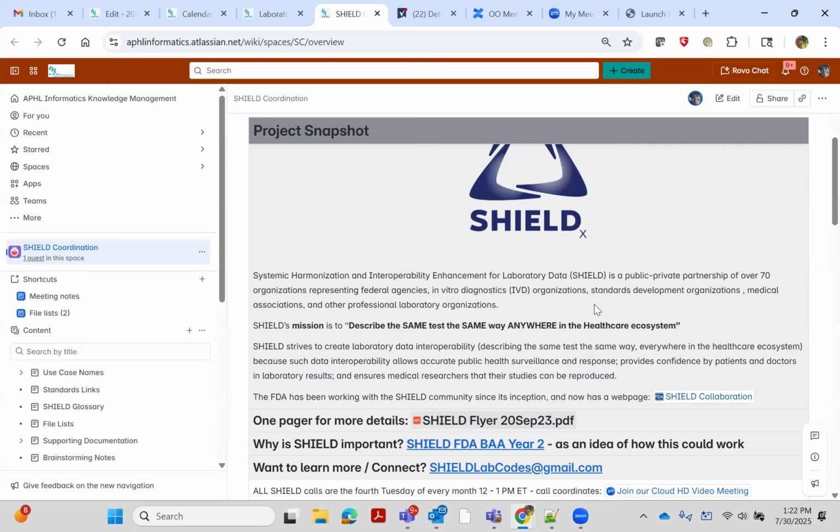And also the suggestion was made then that the manufacturers know their test best. And so they really should be the ones proposing LOINC codes.